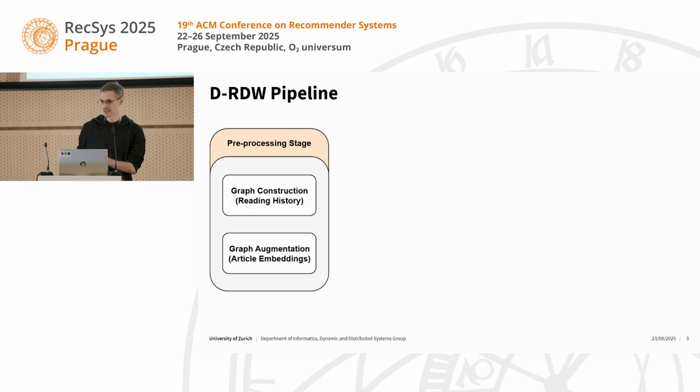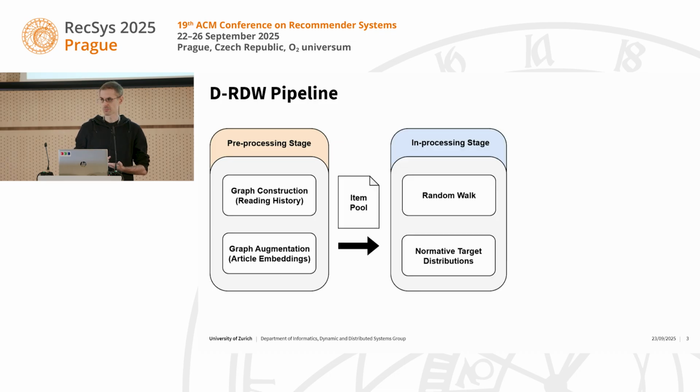Then we connect the new item without readers to the readers of those 3, 4, 5 most similar items, and that way you get an augmented graph that serves as an item pool.